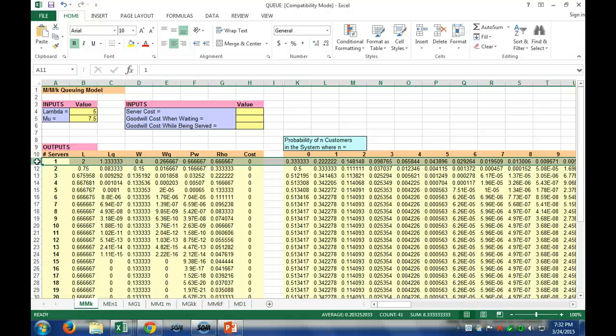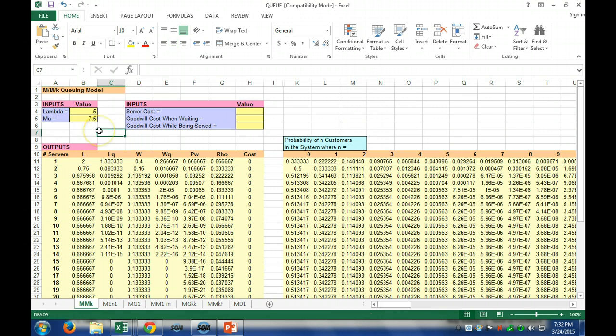So Mary's is concerned with her system. Look what information we now have. The average number of people in Mary's store is what? 2. The average number of people waiting in line is 1.33.